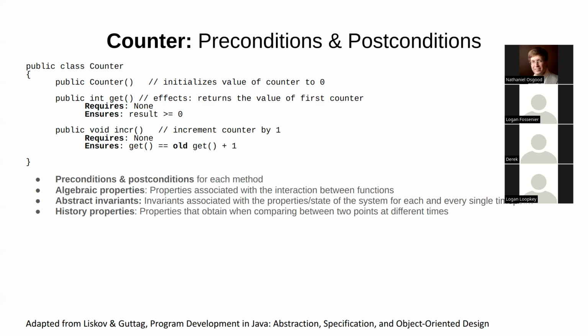I'd certainly accept either of those. Ensures here the resulting value, the value being returned, is greater than or equal to 0. Getting increment, it requires nothing, but it ensures that the value that we get is what? Can anyone interpret this thing on the right?